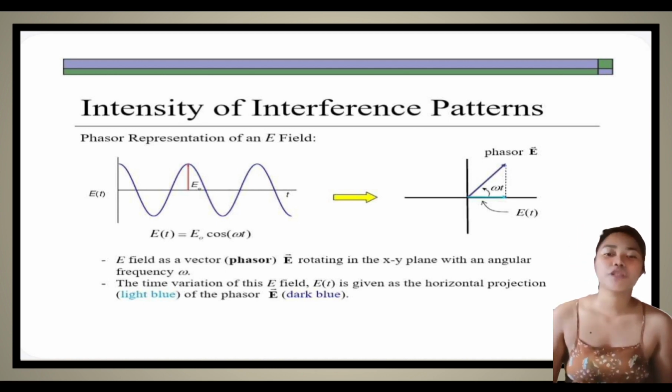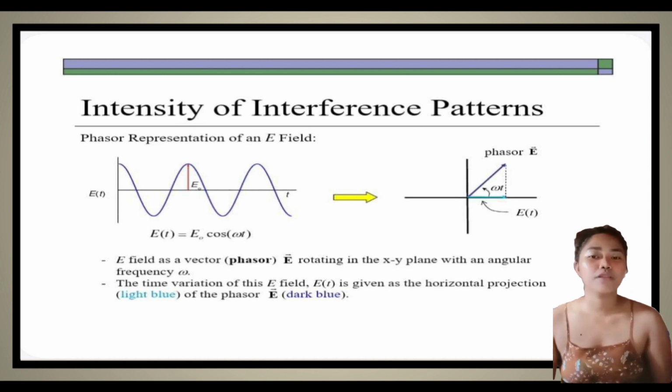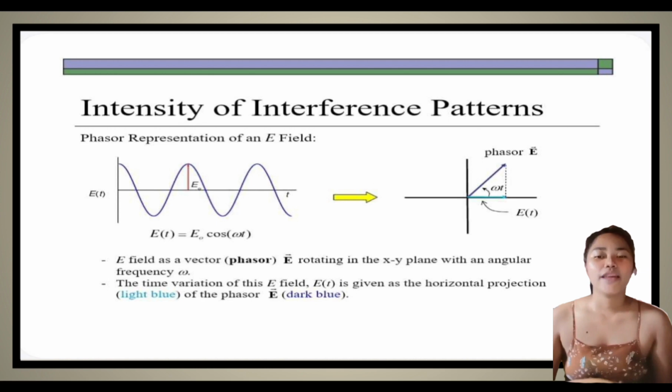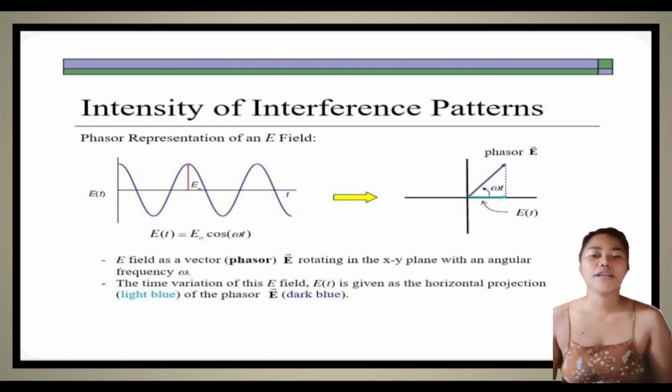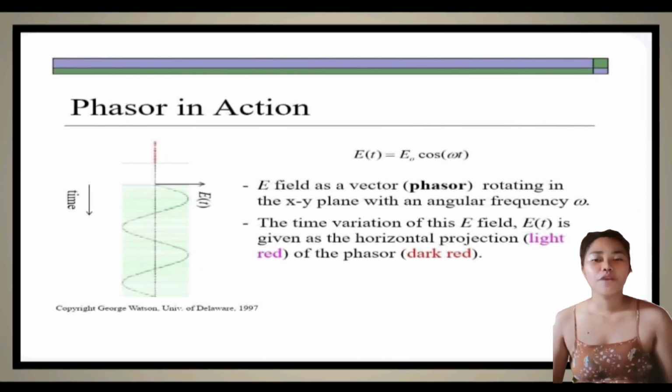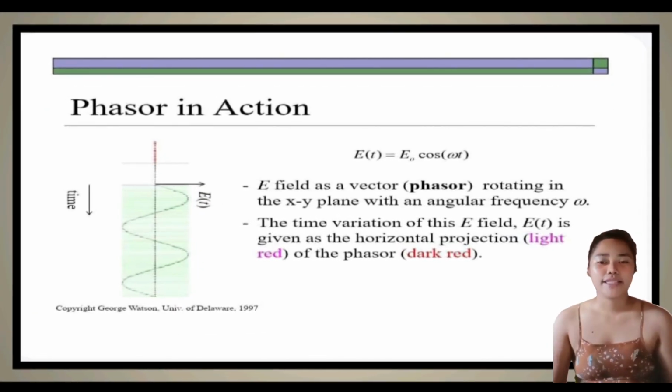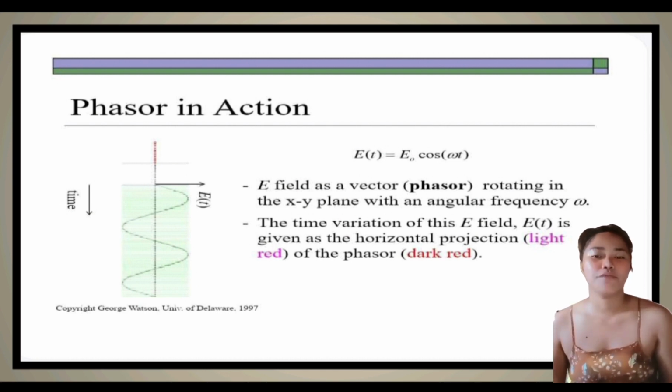Phasor representation is an essential concept in the field of electrical engineering, especially used in the analysis of alternating current circuits. It is a mathematical method that simplifies the study of these circuits by converting differential equations into simple algebraic equations. In the context of an oscillating electric field in the x and y plane with an angular frequency, you can represent it as a phasor.